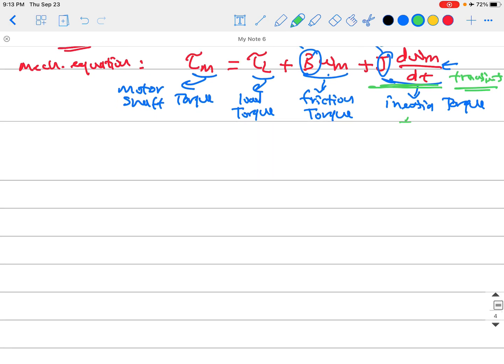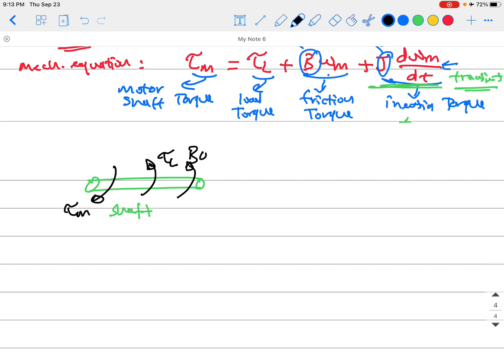If this is the shaft of the motor, and the motor torque is going this way, you will have other torques going the other way: the load torque, the friction torque, which is B omega m, and the inertia torque, which is J d omega m by dt.